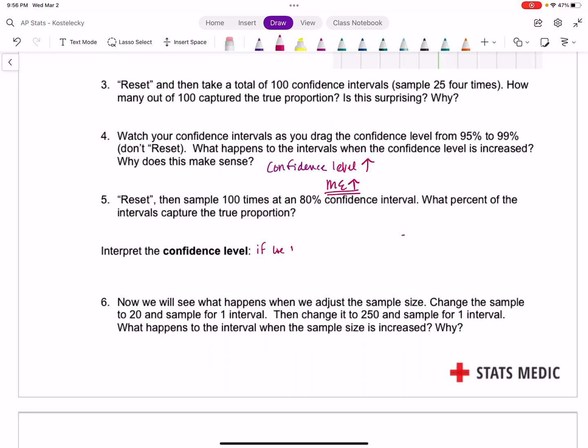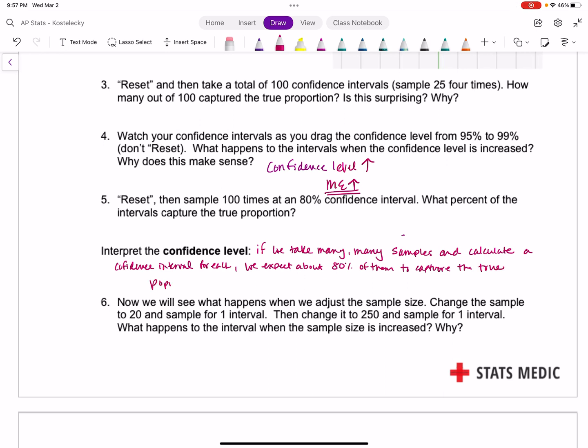If we take many samples and calculate a confidence interval for each, we expect about 80% of them to capture the true population proportion.